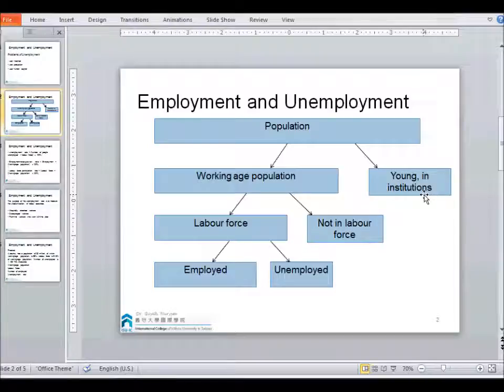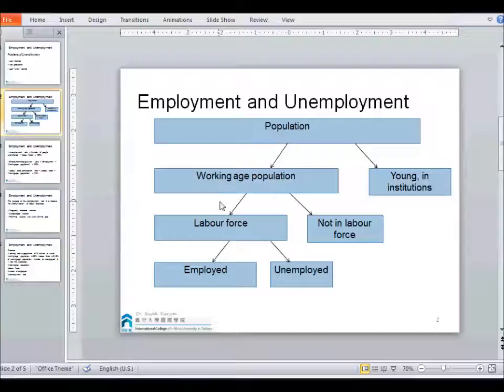So who are these institutionalized? It's people who are not too young, but are in different kinds of institutions for a prolonged period of time. For example, students in universities, and people in hospitals for a long time, or people in prison.